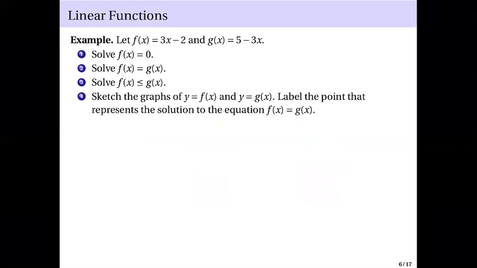So let us say this is your Cartesian plane. This is your x, this is your y. I think I need to adjust this. So let me adjust this. So here you have your y.